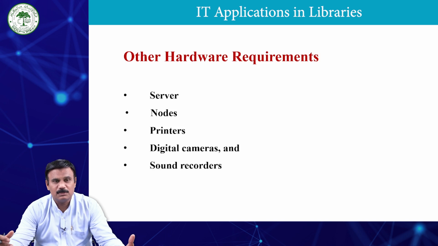We also require digital cameras, like a digital mirrorless camera suitable for both still photography and short videos. We also need sound recorders if you are developing digital content for digital libraries, especially a digital audio recorder.